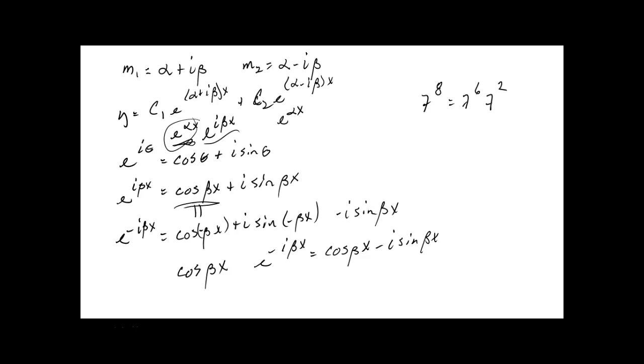And then they turn around and let C1 equal 1 and C2 equal minus 1. And what happens when they do that magical thing here, you get two solutions, and you add them together, and we're running out of time.